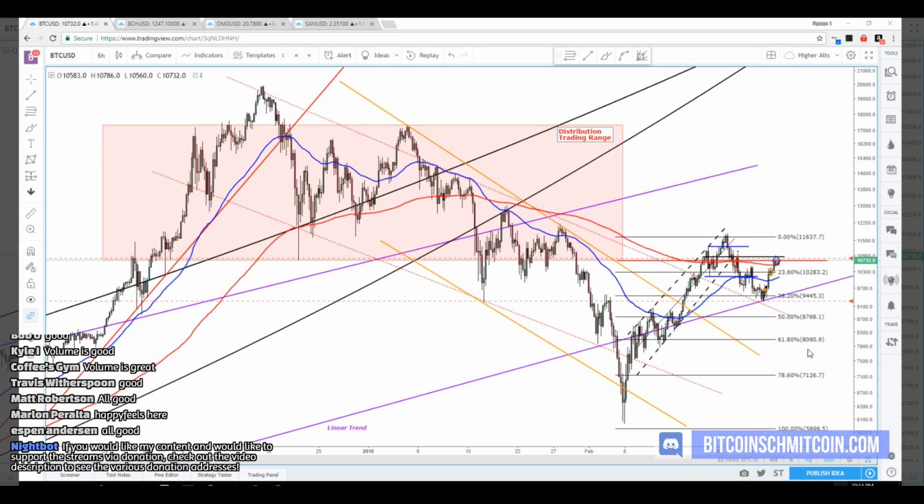And, you know, it bounced and it started rising on this dotted channel right here, where ultimately when we broke out of this channel, we saw really big swings in prices. It went down a lot, it went up a lot, it went down a lot, it went up a lot, and just kind of chopped everyone to pieces.